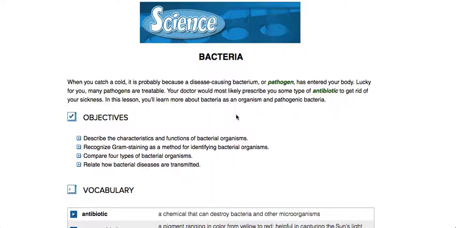So, first, let's talk about some objectives from the bacteria end, then we'll talk about some of the objectives from the viral end. Okay, really, the lessons, which then kind of segue into the project, want you to be able to understand the characteristics and functions of bacterial organisms, okay? And also how bacterial organisms are transmitted in terms of disease.